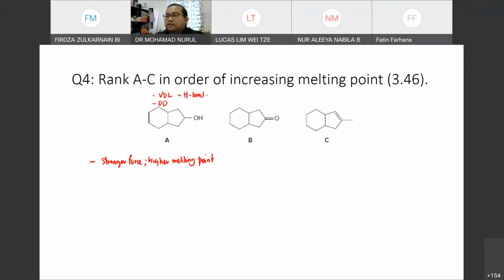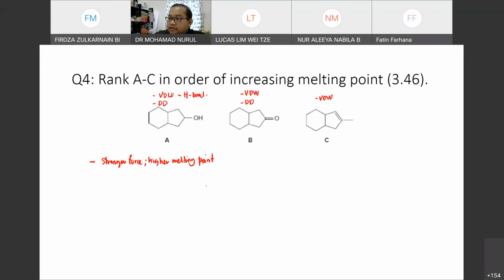Second one, we have Van der Waals and dipole. And the third one, we have only Van der Waals.